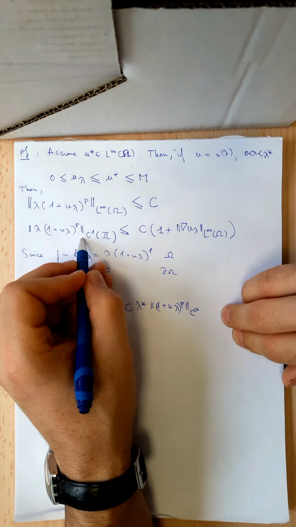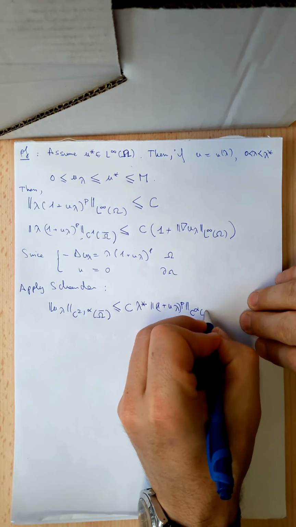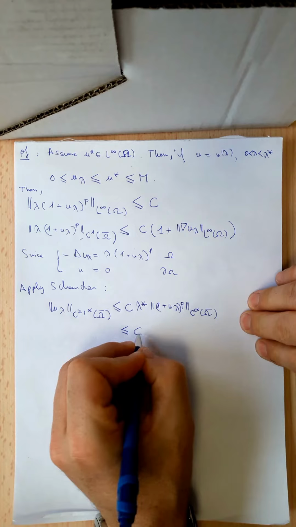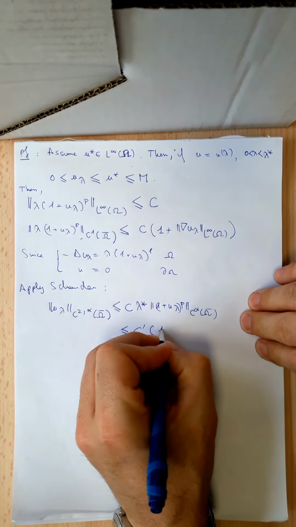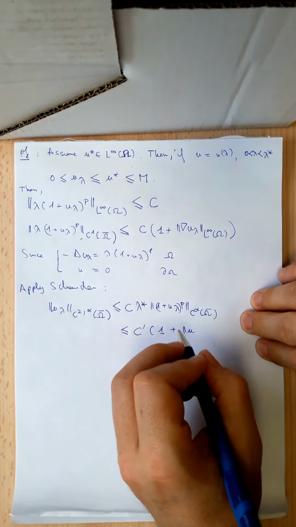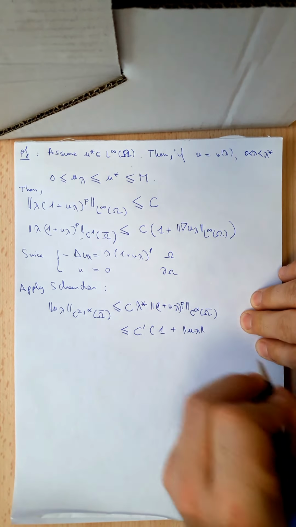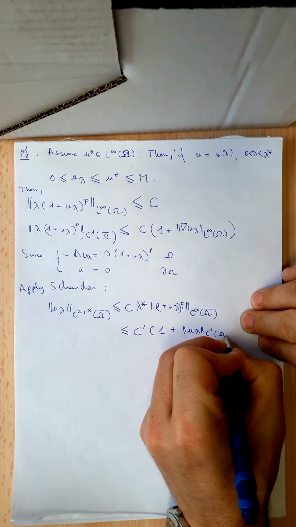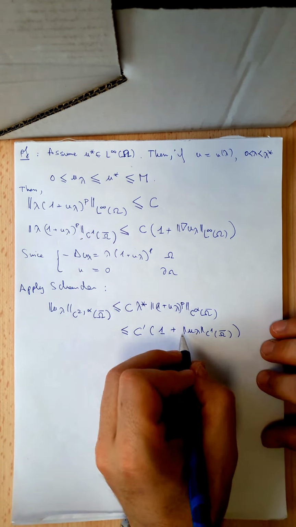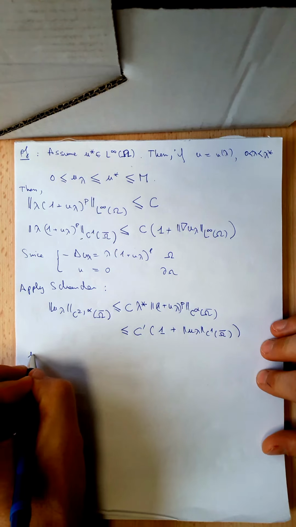But you see, we already have a control on its C1 norm, which is clearly bigger than the C alpha norm. So this whole thing is going to be controlled by 1 plus the C1 norm, the gradient of U lambda in L infinity. Okay, but now look at this C1 norm.